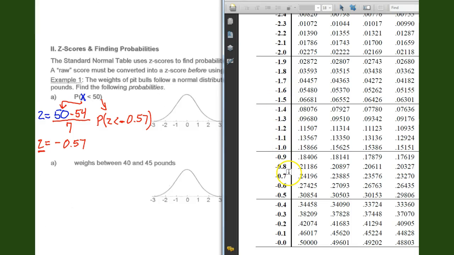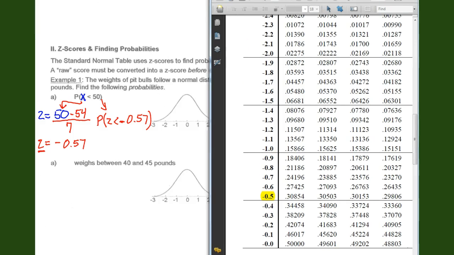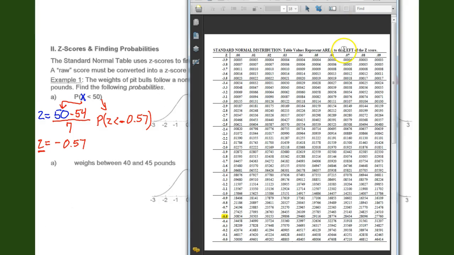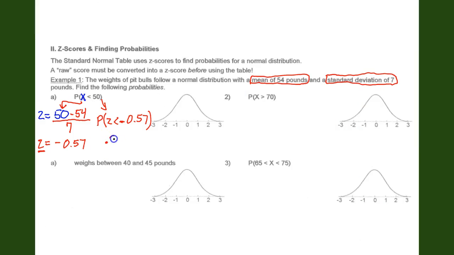So negative 0.5 there, and 7 right here. All right, so they intersect right there. So we got 0.28434, it looks like, which is about 28.4%.